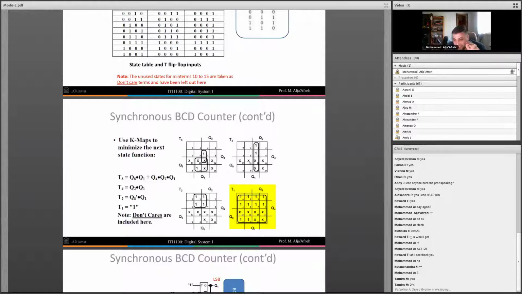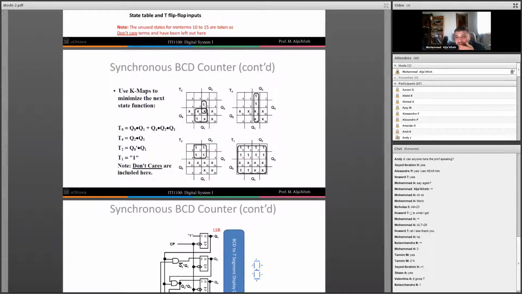If you group all the 16 cells, it's going to be 1. So all of them, it's going to be 1. If you group a group of 8, it's going to give you 1 literal. If you group a group of 4, it's going to give you 2 literals.